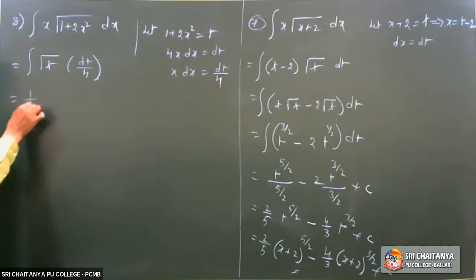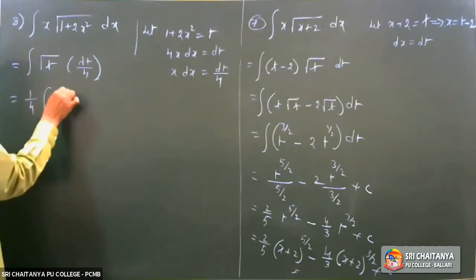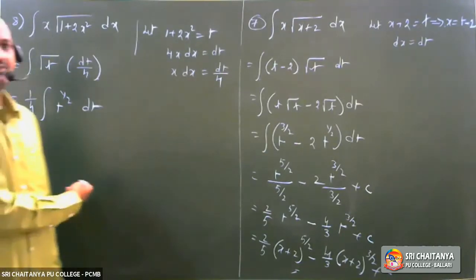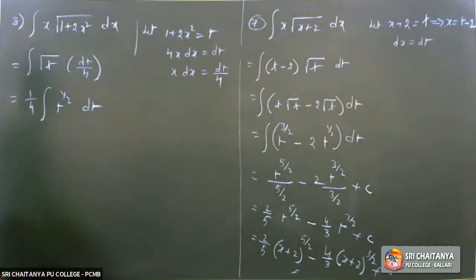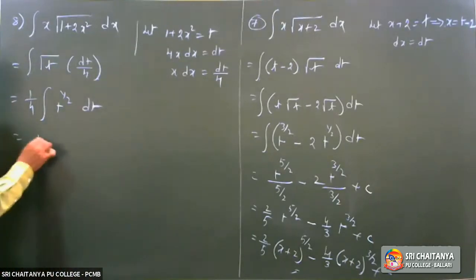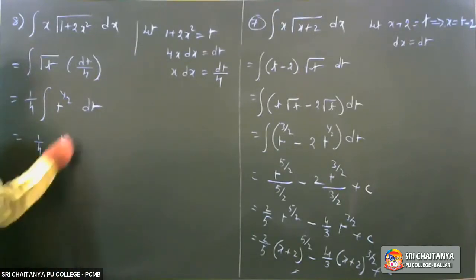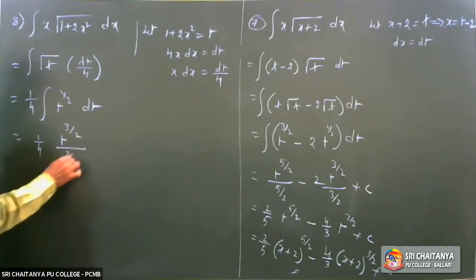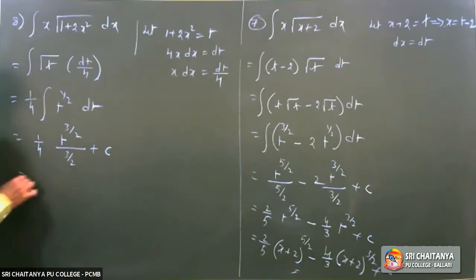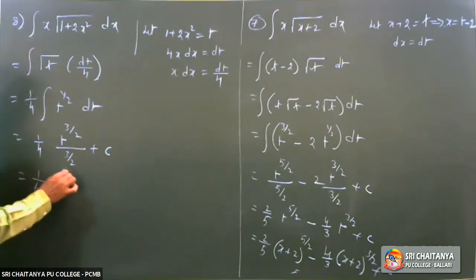So 1 by 4 into the integral of t power 1 by 2. It is the integral of x power n, so 1 by 2 plus 1 divided by 1 by 2 plus 1. 1 by 4 t power 3 by 2 divided by 3 by 2, so it is 1 by 6 into t power 3 by 2 plus c.